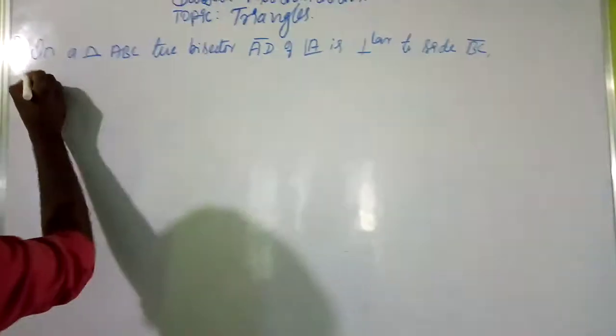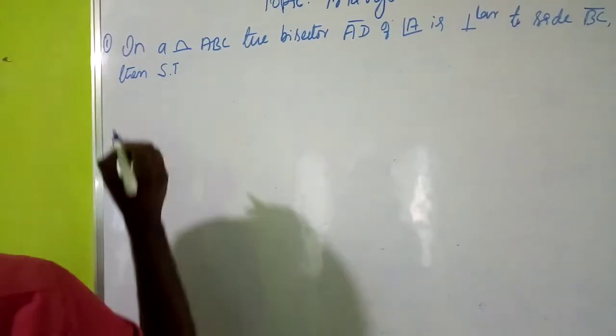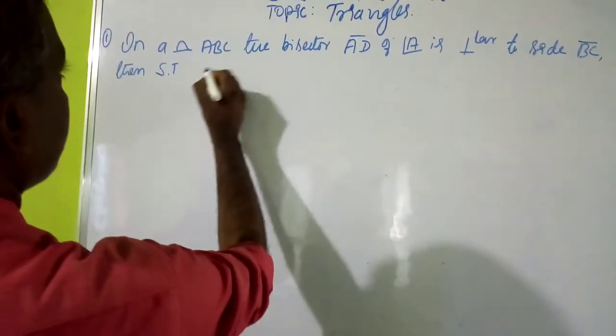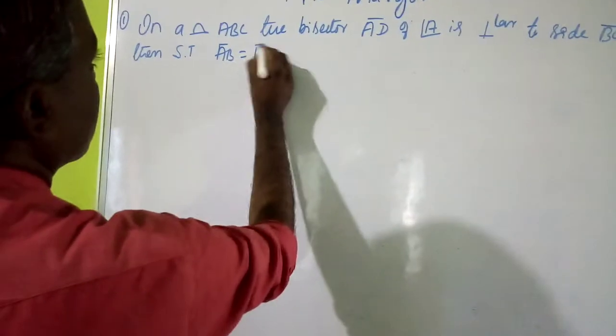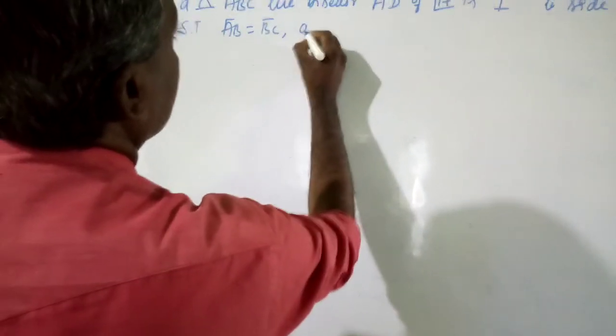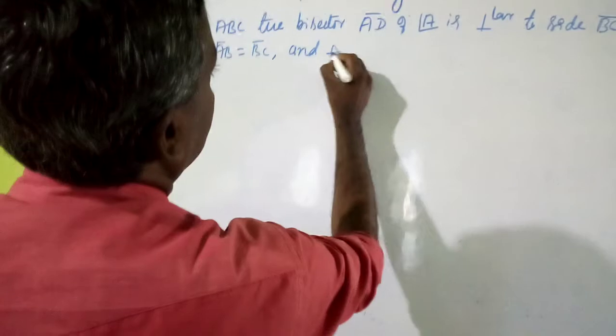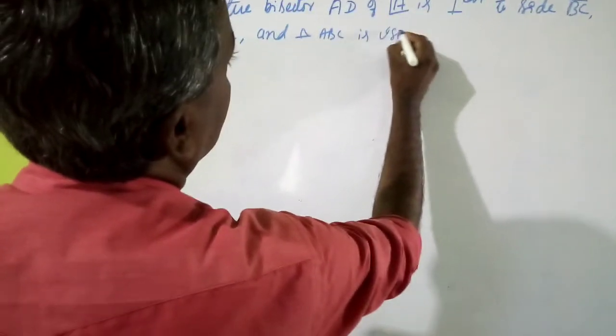Then show that AB is equal to AC, and triangle ABC is isosceles.